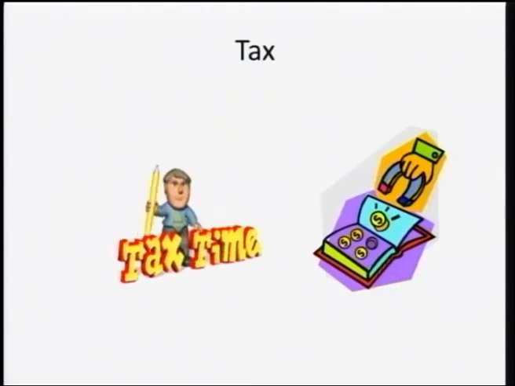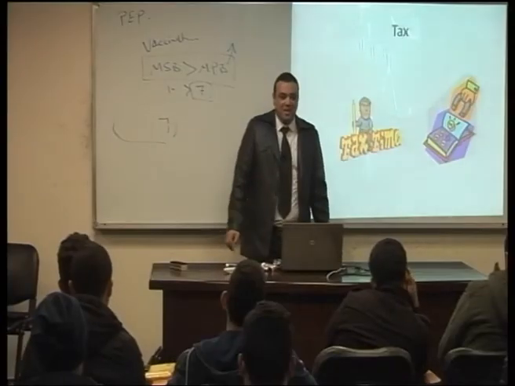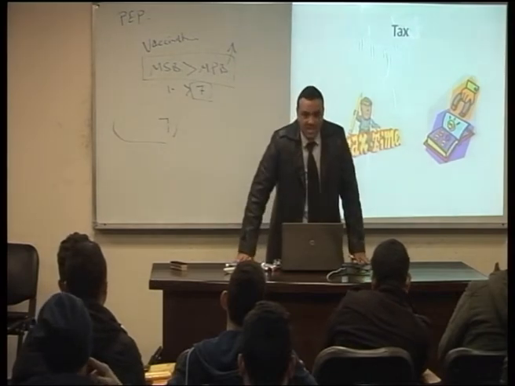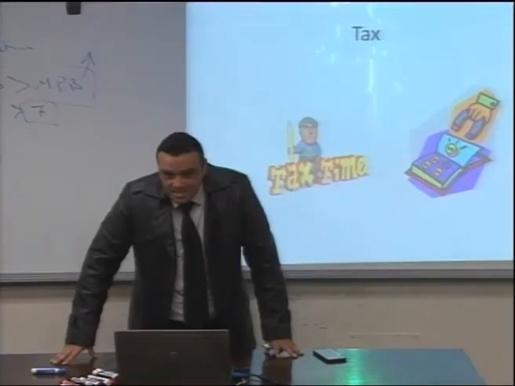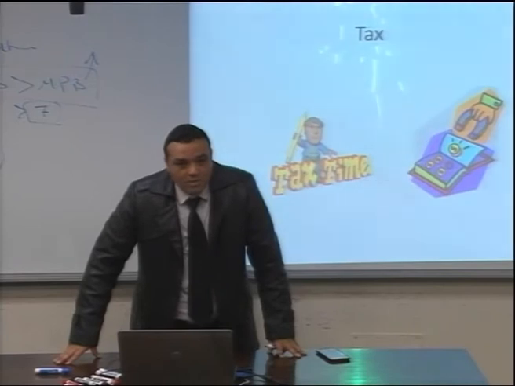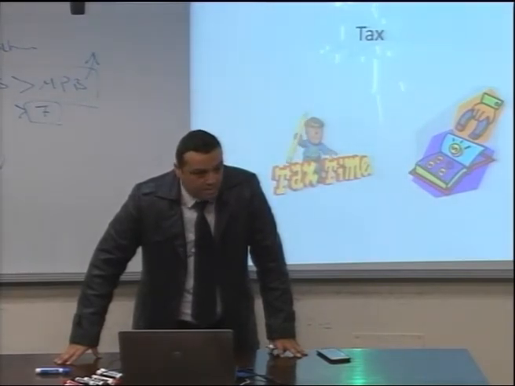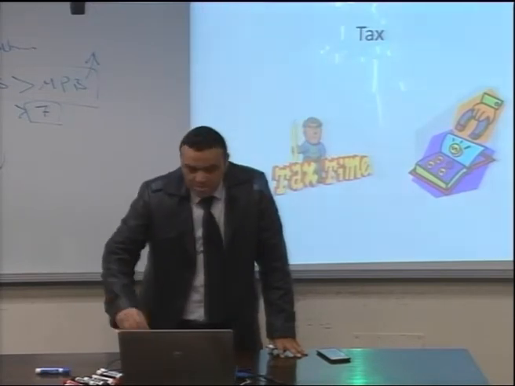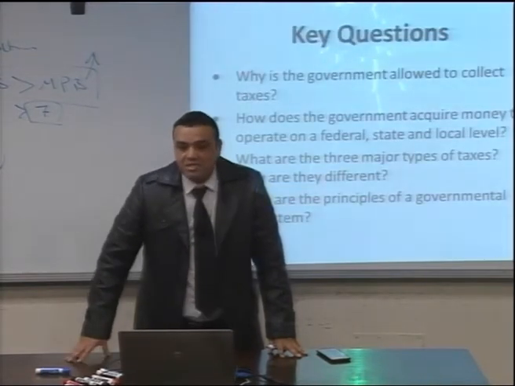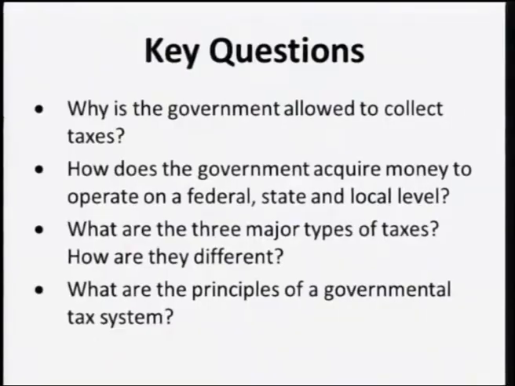Okay? Let's go to an introduction to taxes. In this part, we will study the different types of taxes. Why should the government use taxes? What is the optimal rate of taxes?